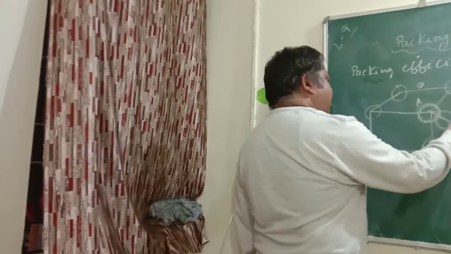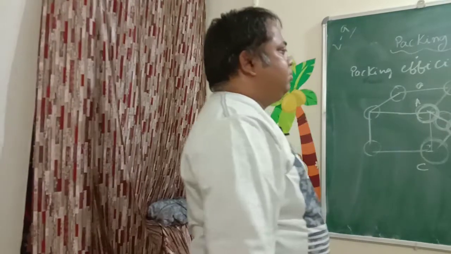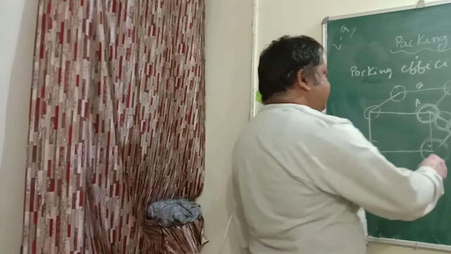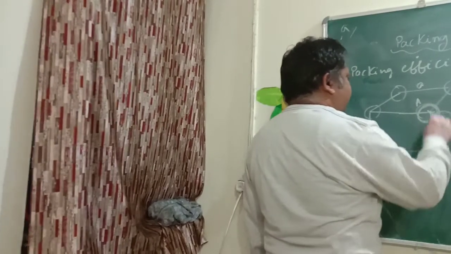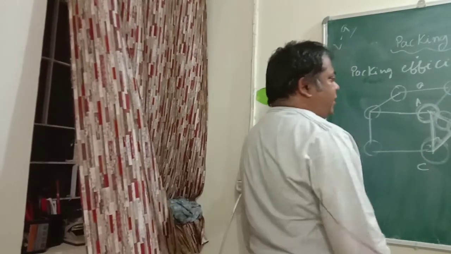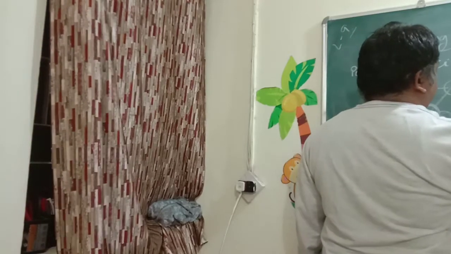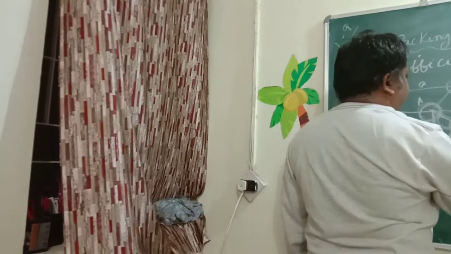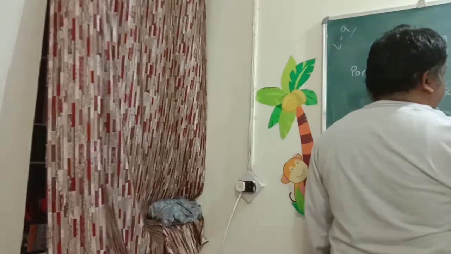So AB is equal to 4r, and AB square is equal to 16r square.